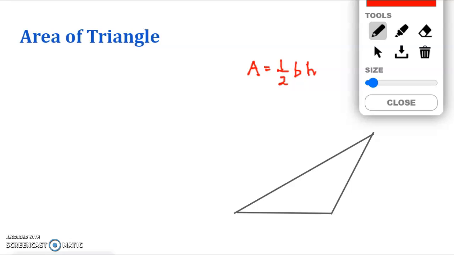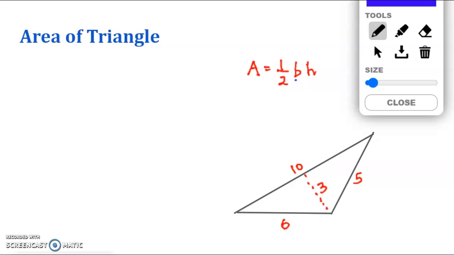Okay, so let's assume that for this triangle we are given this length as 10, this length as 5, this as 6, and this length as, say, 3. Now what are the lengths we are going to multiply to get my area?